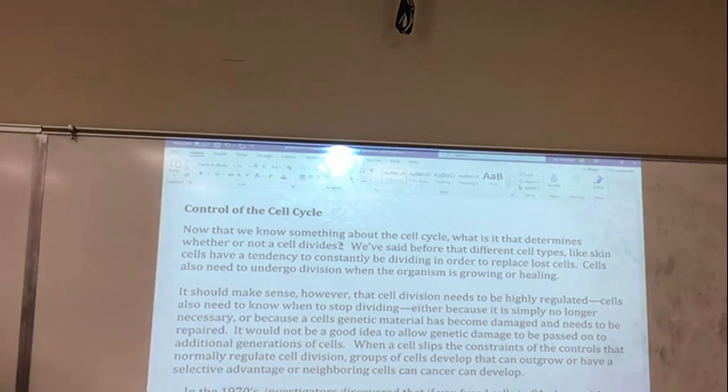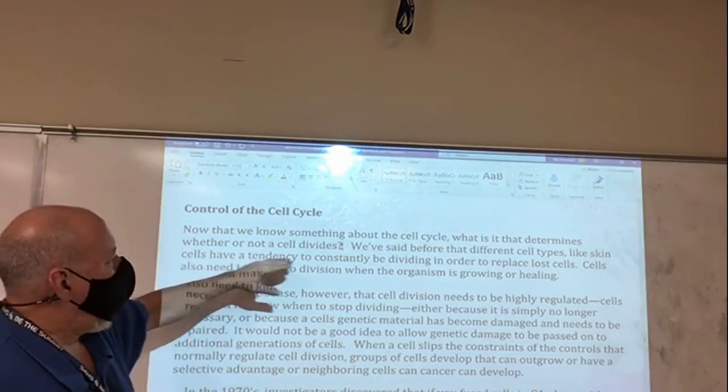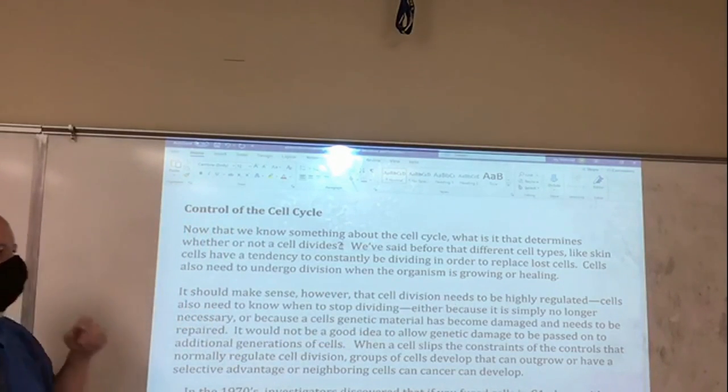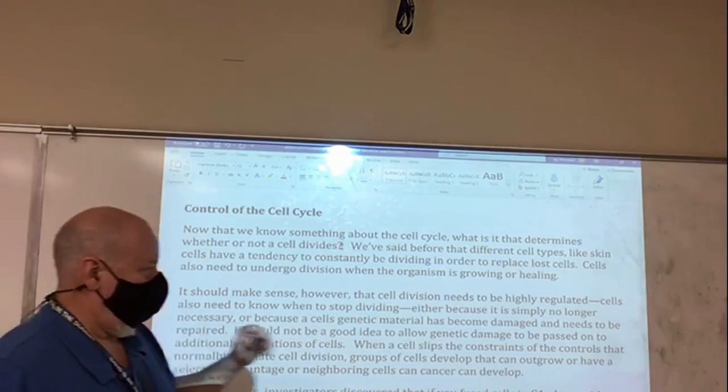You replace your entire skin surface every 4 or 5 days. Okay, so I have a lot of cells dividing. We also need to have cells that undergo cell division when the organism is growing or healing.